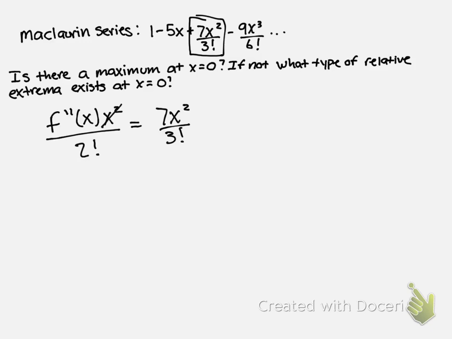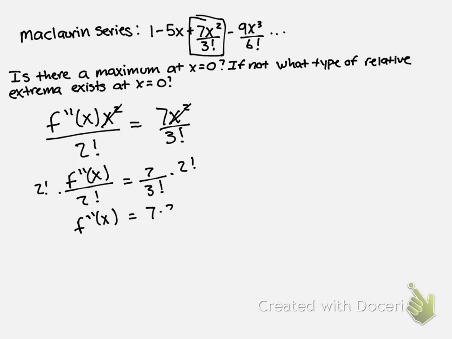So again, these cancel out. So we have f double prime of x over 2 factorial equals 7 over 3 factorial. Then again, cross multiply, f double prime of x equals 7 times 2 over 3 factorial.